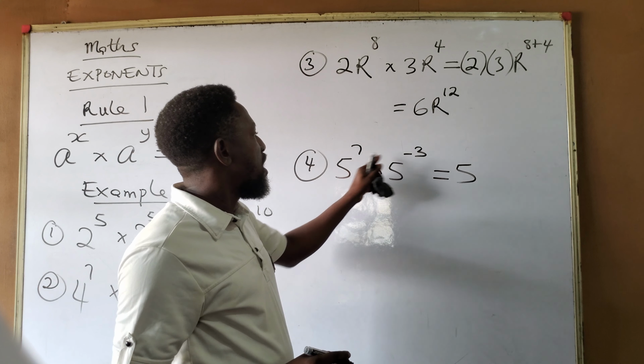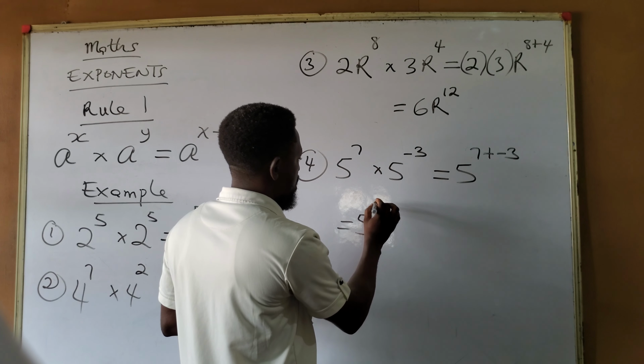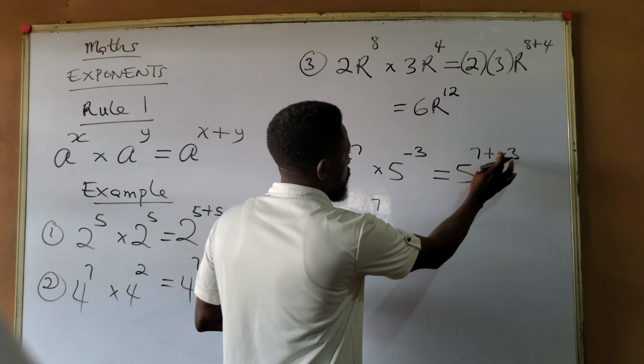So in this case, we get 7 plus minus 3. Since this is plus and this is minus, the signs are different, then you have minus. So this gives 5 raised to the power 7 minus 3, and that will be 5 raised to the power 4. So that's the first law, or the first rule of exponents.